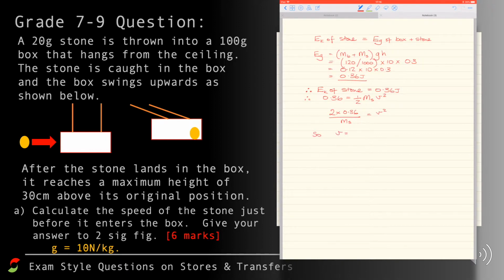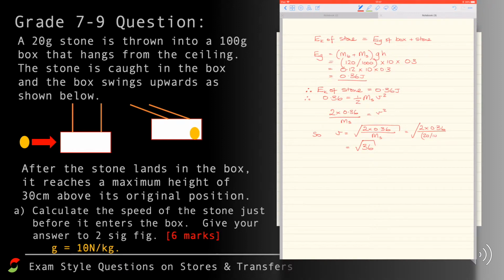And then next step, square root of 2 times 0.36 over the mass of the stone. And from that, we get square root of 36. I'll just show you a missing step there, which might make it clearer. So the mass of the stone is 20 grams, so we have to convert that into kilograms.